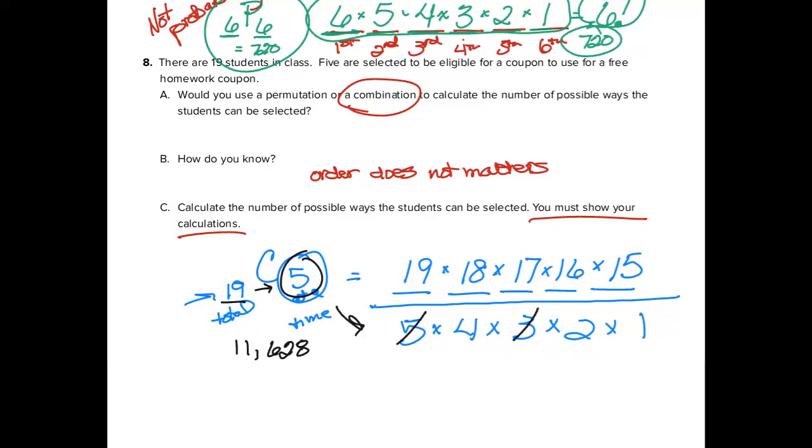I'm going to simplify a little bit here. 5 times 3 is 15. 15 divided by 15, that cancels out. 4 times 2 is 8. And 16 divided by 8 is 2. So if I multiply all those numbers together, 19 times 18 times 17 times 2, I get 11,628. Okay. Do you know why that did not work for you?